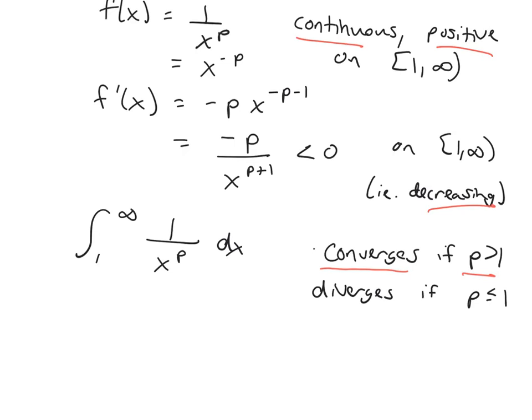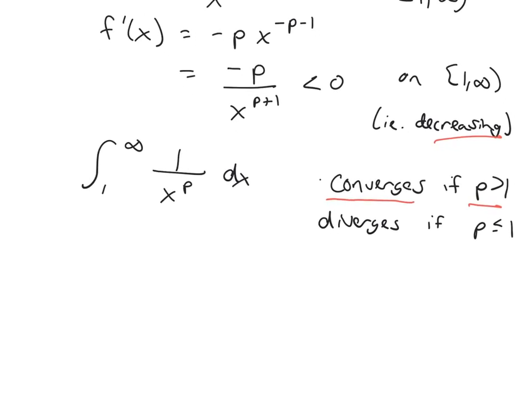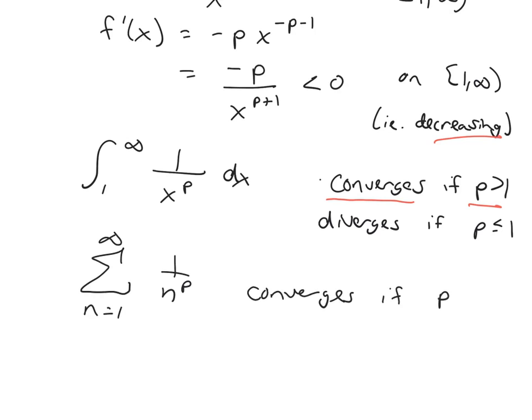Okay? So let me sum up all of this into one statement that says the answer to this question, 1 over n to the p, converges if p is greater than 1, and it's going to diverge if p is less than or equal to 1.